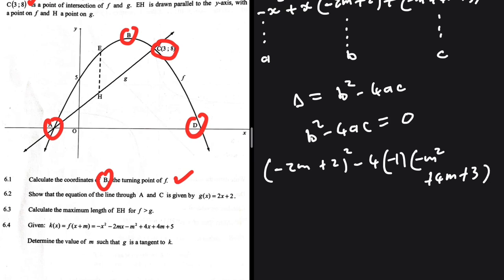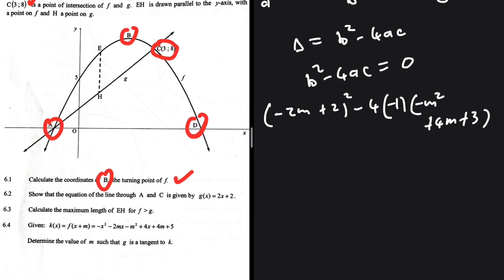There we go. So minus 2m plus 2 squared, that is going to give us 4m squared minus 8m plus 4. So I've just solved what is inside the brackets there. I'm underlining here so that I do not lose track.